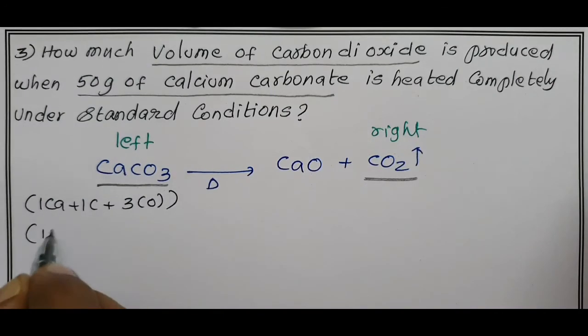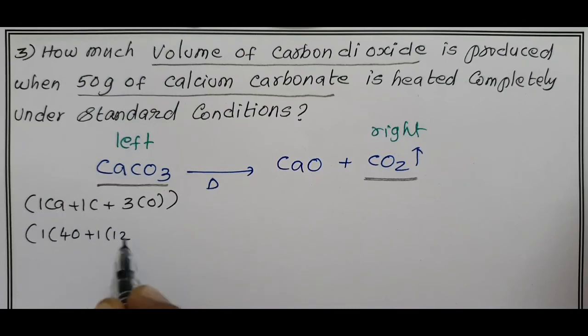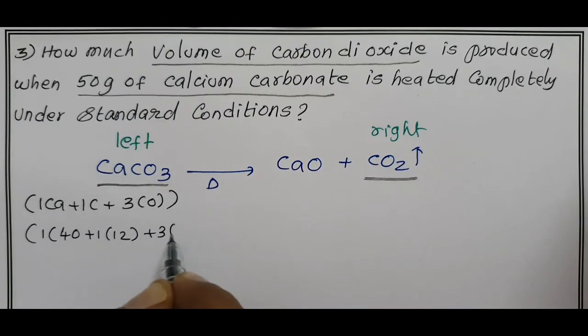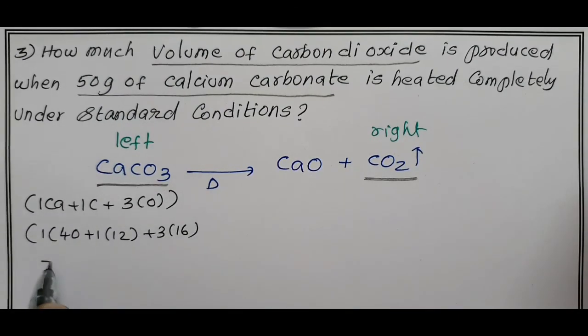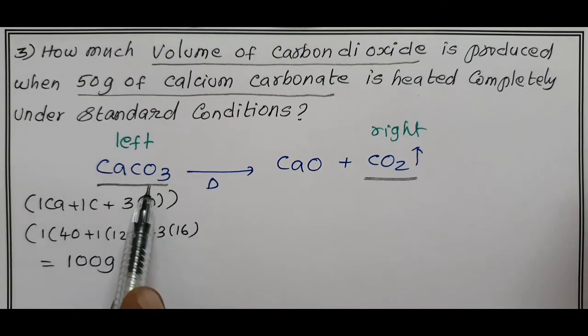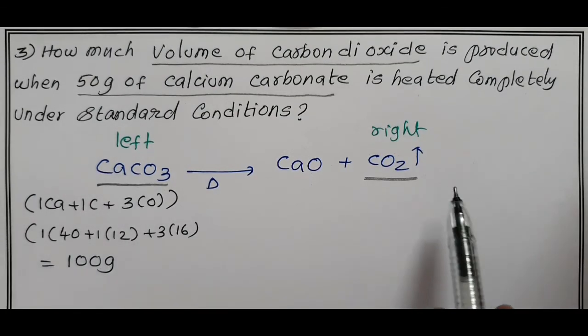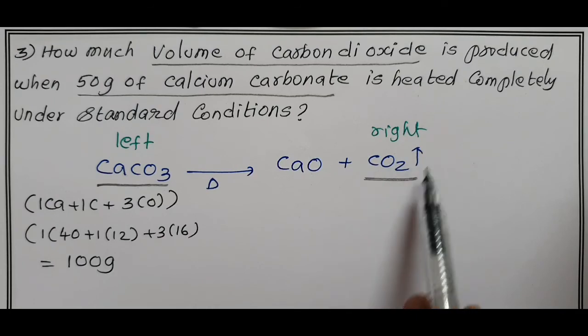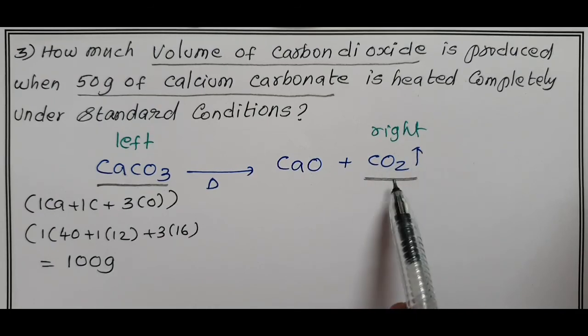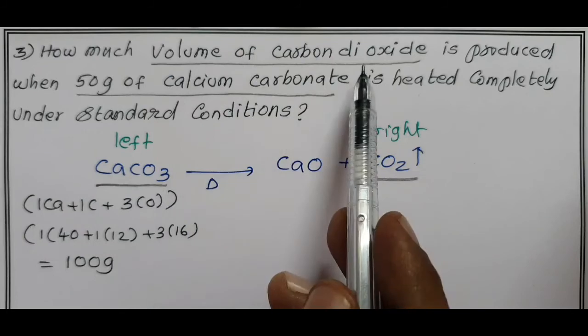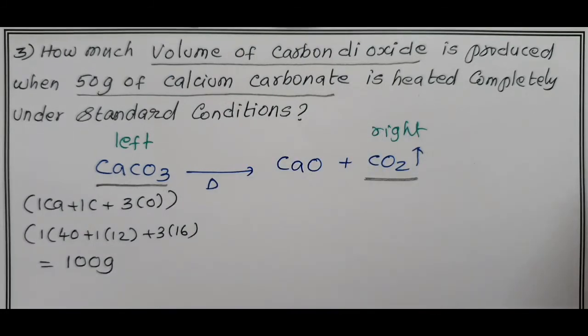That is equal to 1 into calcium atomic weight 40 plus 1 into 12 plus 3 into 16, that is 3 into 16 are 48, then 88, 100 gram of calcium carbonate produces. We don't want to calculate the amount of carbon dioxide, but our question's volume is given. Therefore, we have to write here volume.